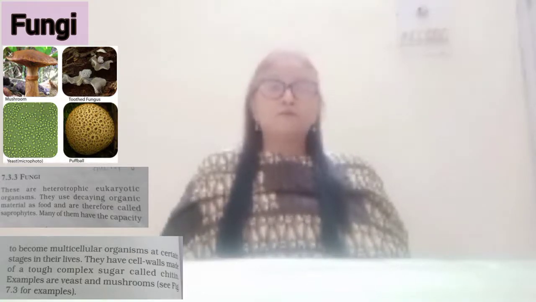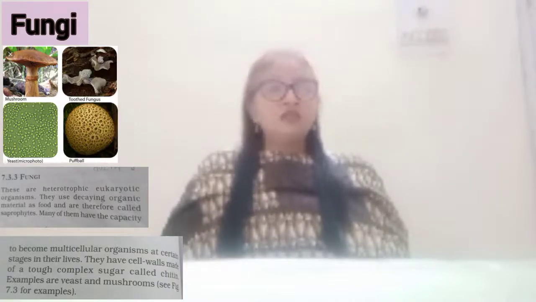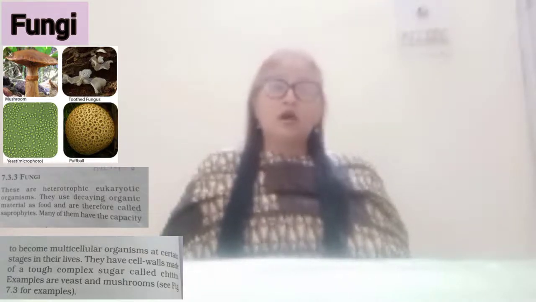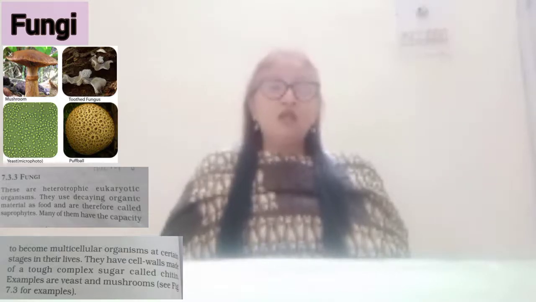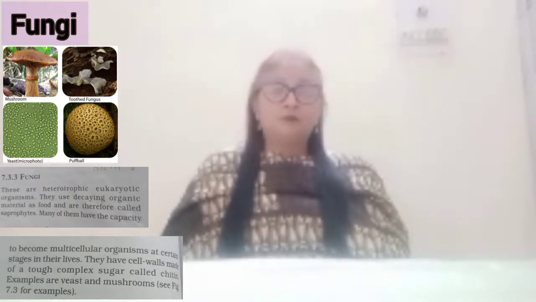That means they live on dead and decaying matter. They are eukaryotic, and most of them at their later stages become multicellular. The cell wall in case of fungi is made up of a complex tough substance or complex tough sugar, which is known as chitin. Once again, the cell wall is made up of a tough complex sugar called chitin.